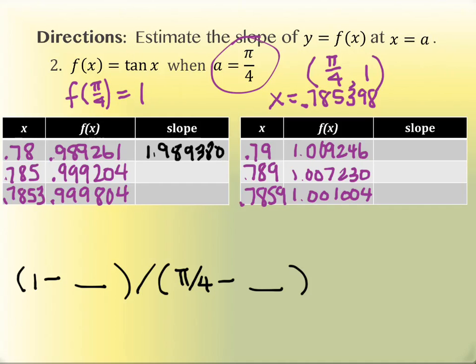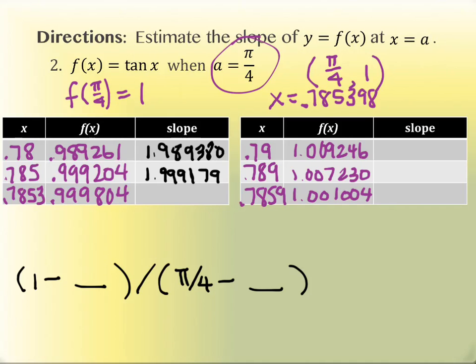Okay, I'll do the next one now. So I have 0.999204. Remember, I did second enter to pull it up again. And I'm doing 0.785. So this is 1.990179. Second enter pulls it up.